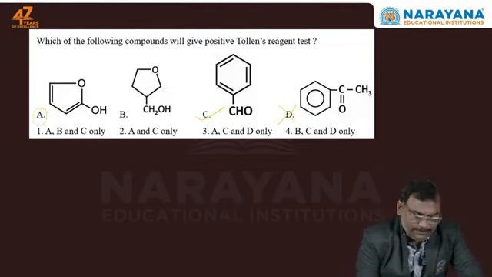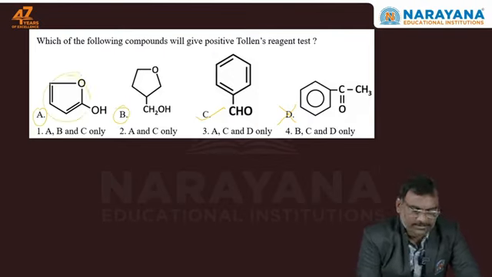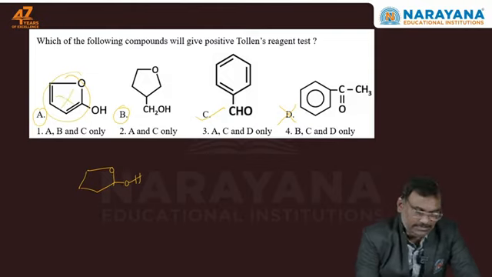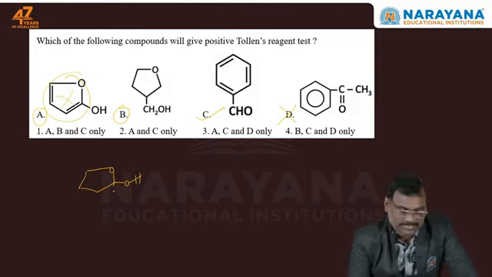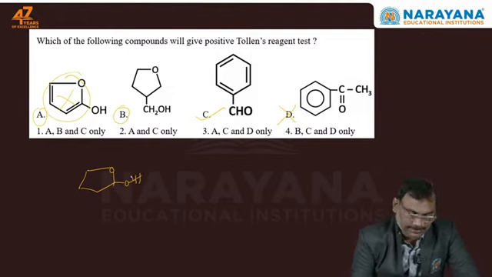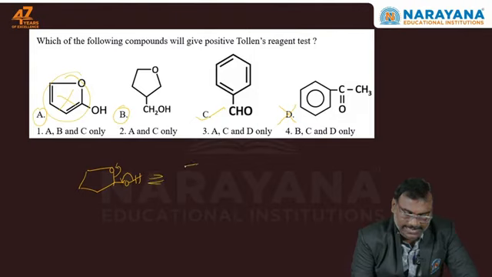Among A and B, generally this was wrongly printed. Actually, the given question has a cyclic hemiacetal as option A, which was mismatched here. So option A, the cyclic hemiacetal, in basic medium with our reagent, silver ammoniacal nitrate, opens the ring into an aldehyde.